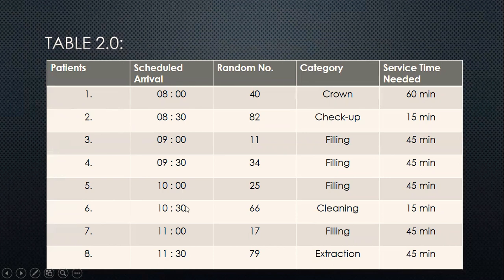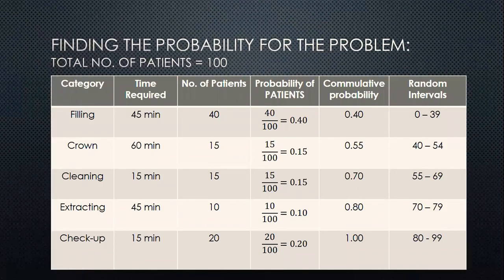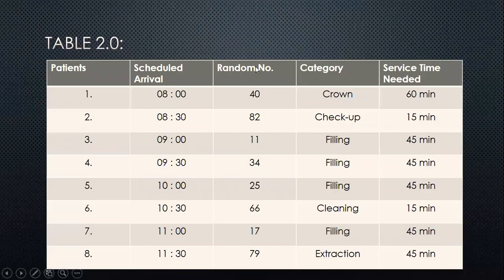The random numbers which were given to us, we will put these random numbers as they are, with no change and no ascending or descending order, just as they are, implementing this interval into this slide.